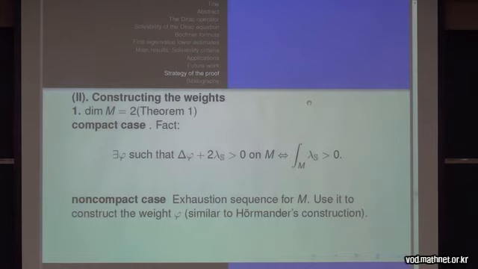In the non-compact case, we can always find an exhaustion function to make sure the corresponding integral is finite. So we can solve Dirac in the two-dimensional case.